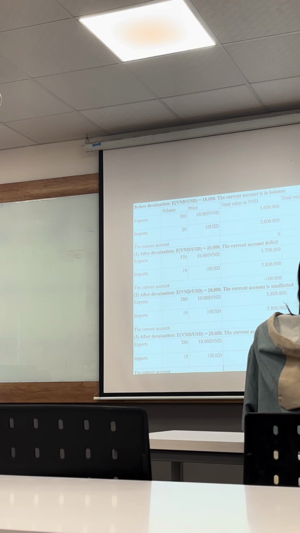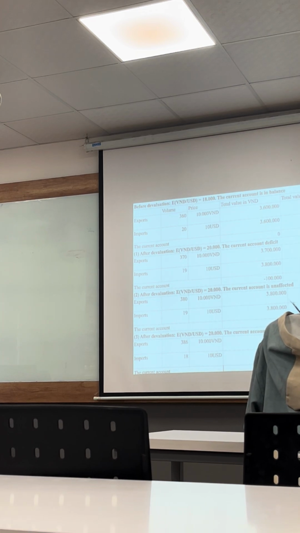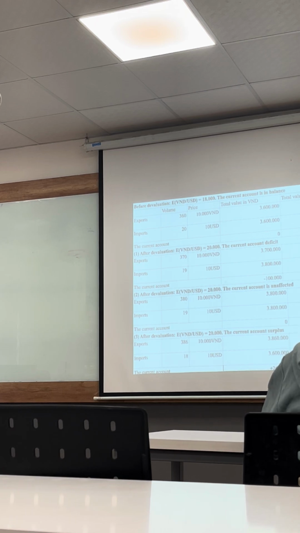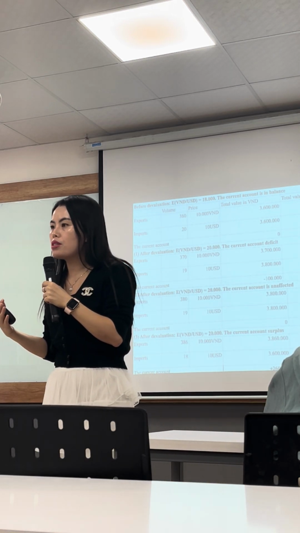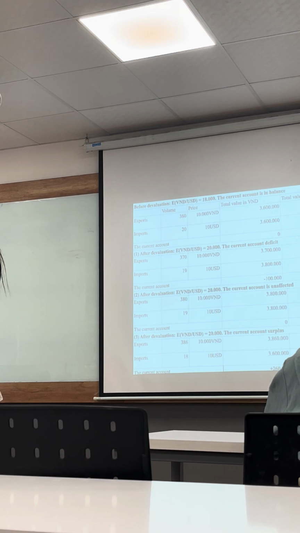That is all you can see. So why is the exchange rate between VND and USD just 18,000 or 20,000 Vietnamese dong? Because at this moment the spot exchange rate is more than 25,000 Vietnamese dong.